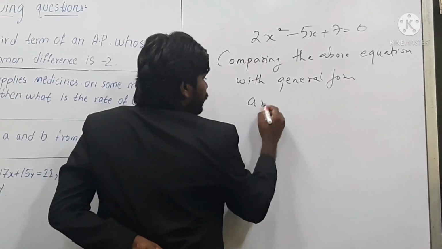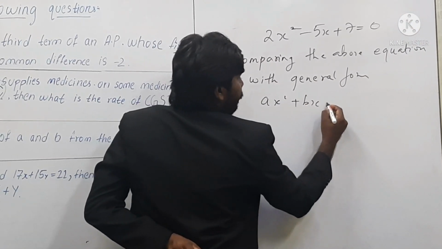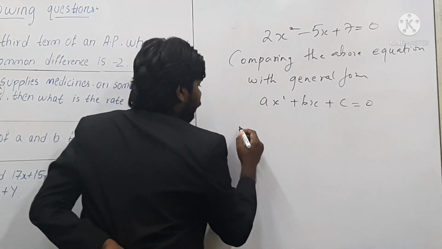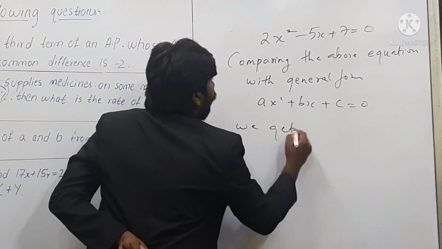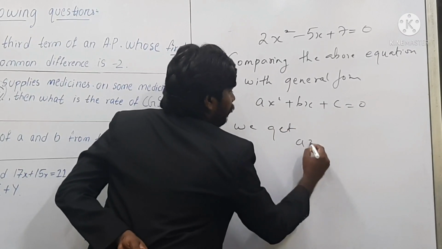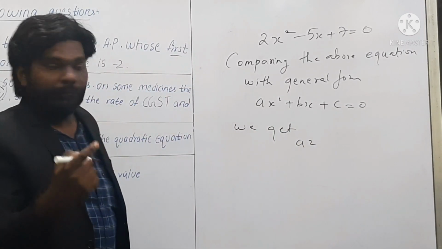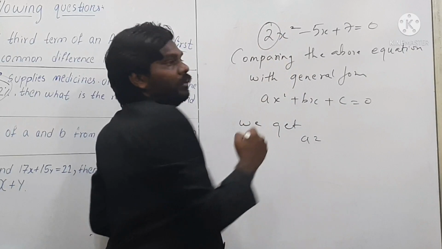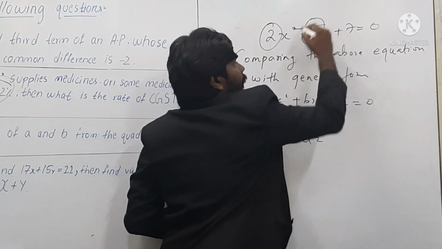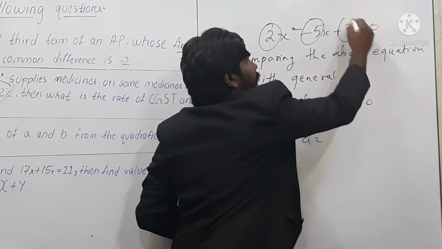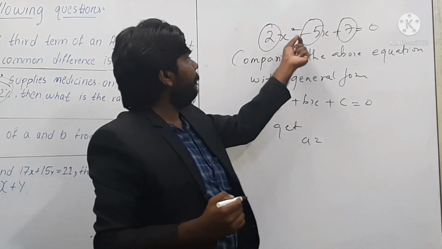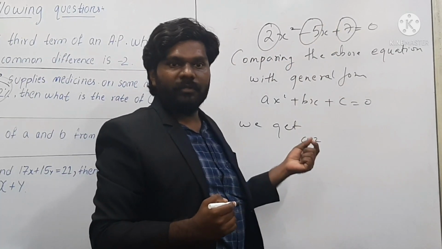That is ax square plus bx plus c is equal to 0. We get, what is my a? 2x square, coefficient of x square, that is my a. This is my b. And this is my c. That is the standard form.